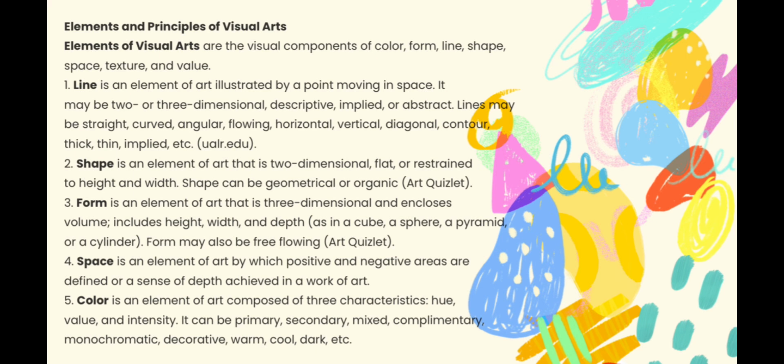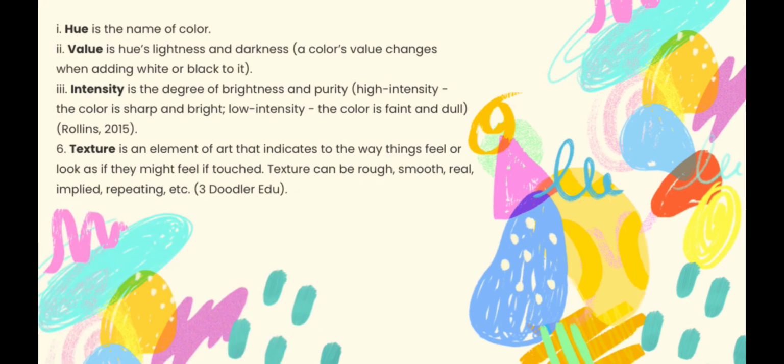Number 5 is color. Color is an element of art composed of 3 characteristics: hue, value, and intensity. It can be primary, secondary, mixed, complementary, monochromatic, decorative, warm, cool, dark, and etc. So some of you may ask, what is hue, value, and intensity? Hue is the name of a color.